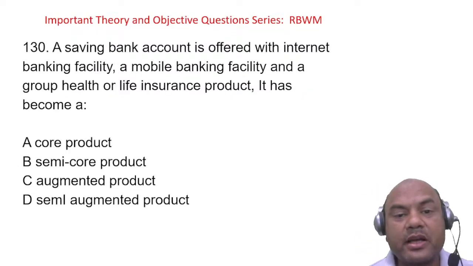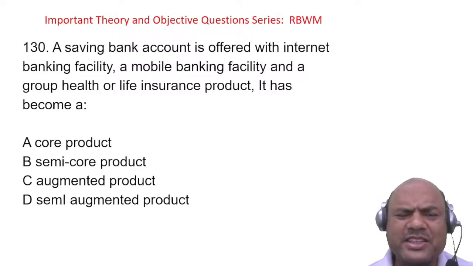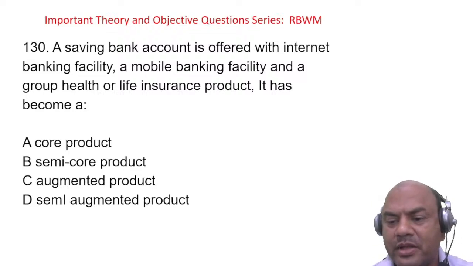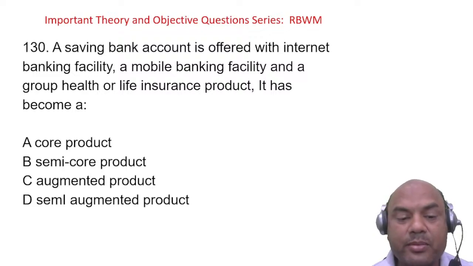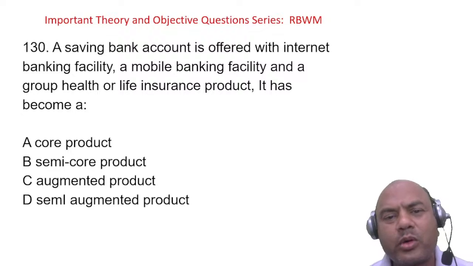A savings bank account is offered with an internet banking facility, a mobile banking facility, and a group health or life insurance product. It has become a core product, semi-core, augmented, or semi-augmented? Now this is simple for you. Just now I gave you the meaning of the products. Two or more products combined.